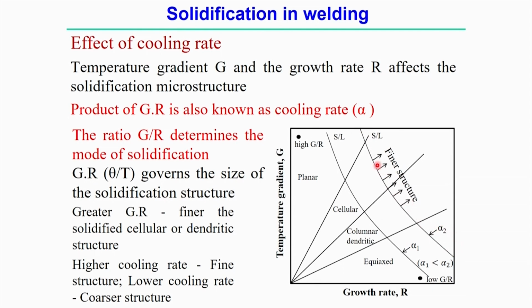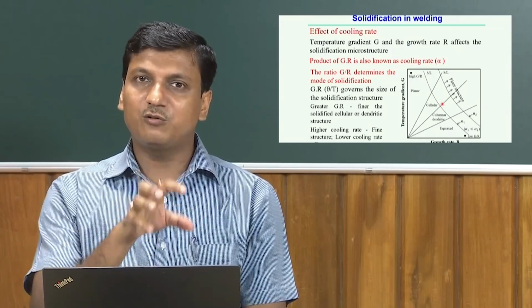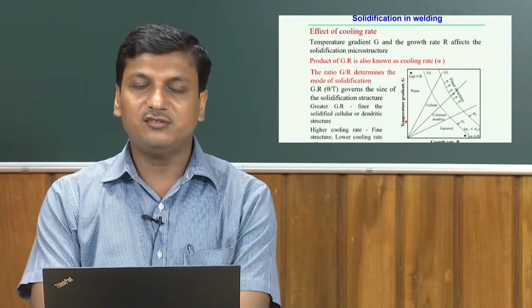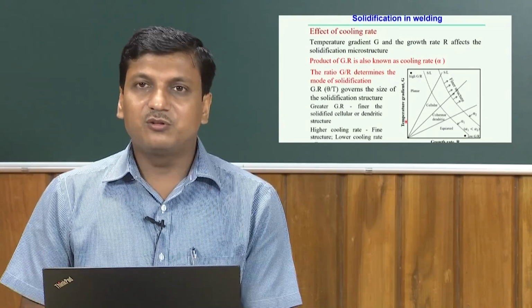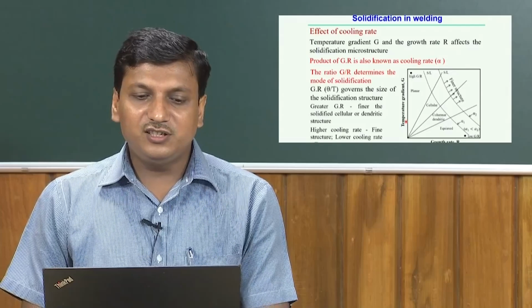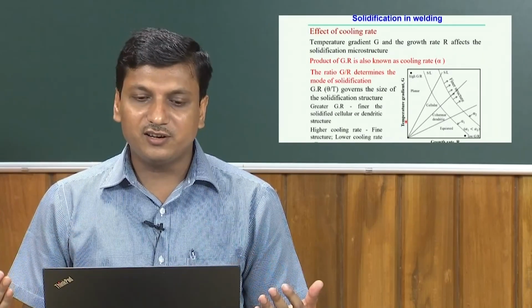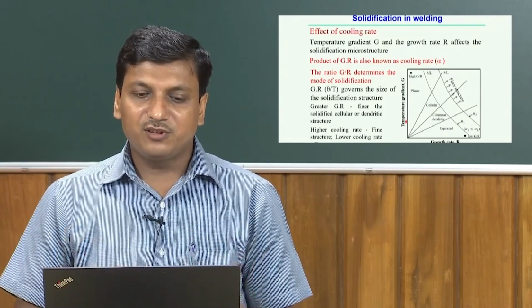If the cooling rate is very high, the overall microstructure is very fine. If the cooling rate is low, the overall microstructure is coarse. So, basically, a higher cooling rate gives a fine structure, and a lower cooling rate gives a coarse structure. So, greater G into R means greater cooling rate, and we can find a very fine solidified cellular kind of dendritic structure.